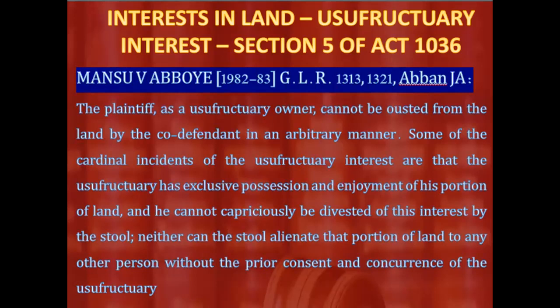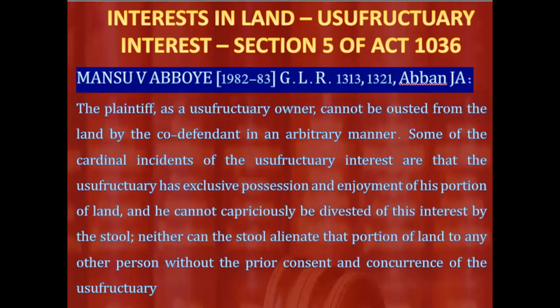But at this point, permit me to just read out a portion of the dictum of Abban J.E. in this case of Mansu and Aboye, so that you can have an idea of how powerful the usufructuary holder is. Some of you by now will be thinking that if a usufructuary holder, all he has to do is just reduce any uncultivated land into his possession, then it means he will not acquire any strong rights.